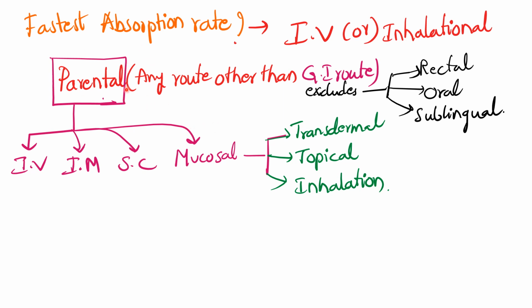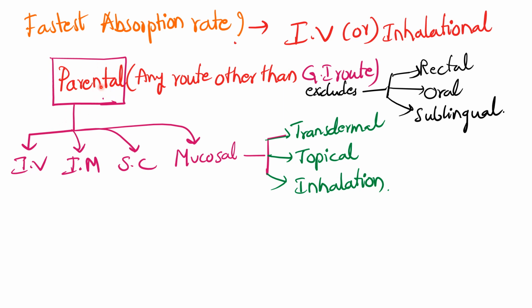What is the parenteral route? Parenteral is derived from the Greek word para, meaning beside or beyond, and enteron, which refers to the intestine or gut. It refers to the fact that parenteral administration bypasses the intestine and delivers the drug or substance directly to the bloodstream or the tissues. That is what we call the parenteral route.